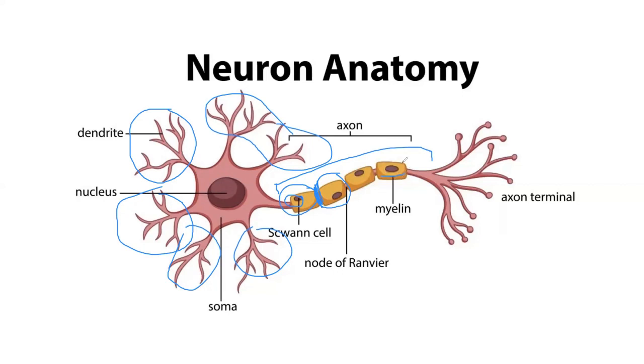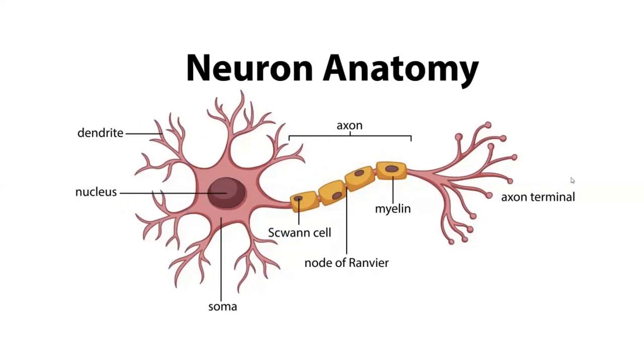And these are axon terminals. If you have seen the video on neurotransmitters where we understood the concept of synapse, you must remember we studied axon terminals there. So this is the basic anatomy of a neuron, and I hope it's clear to you.